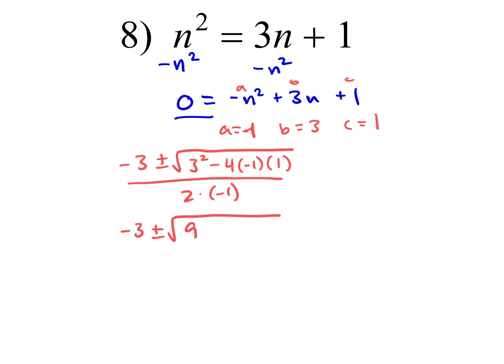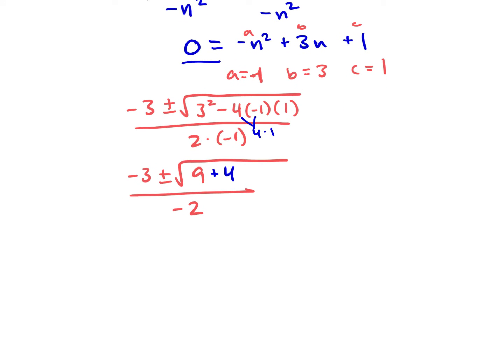What is negative 4 times negative 1? 4, and 4 times 1? 4. So it's a positive 4. Over, what's 2 times negative 1? Negative 2. So negative 3 plus or minus the square root of 13 over negative 2. So that's our answer.